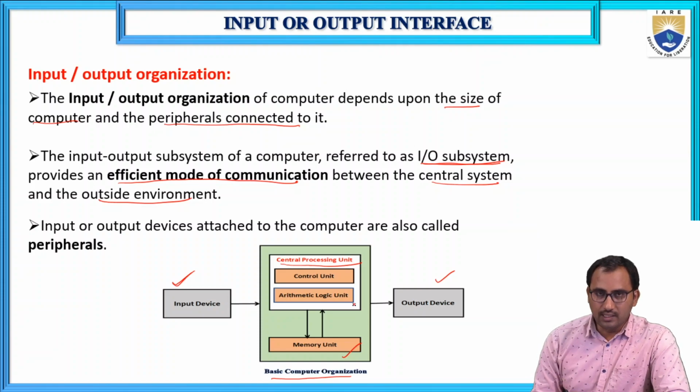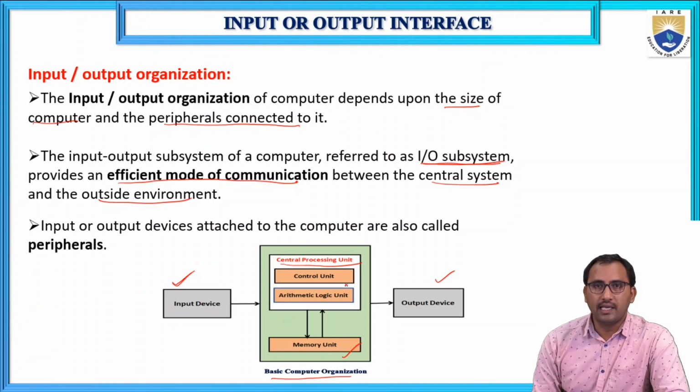The CPU takes the input values from the outside world using the input devices. After taking the input values, the CPU processes that input data and generates results. The generated results are given to the user using the output devices.